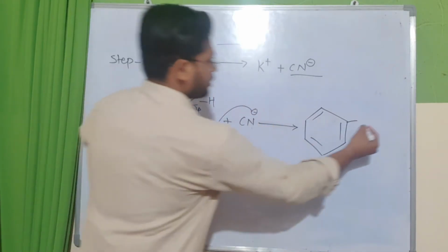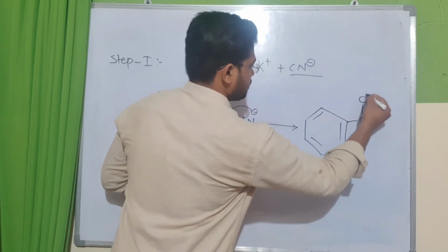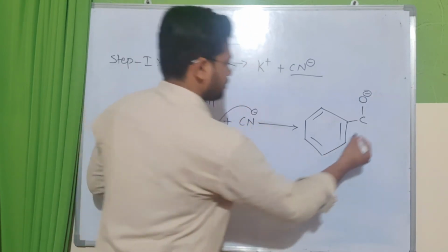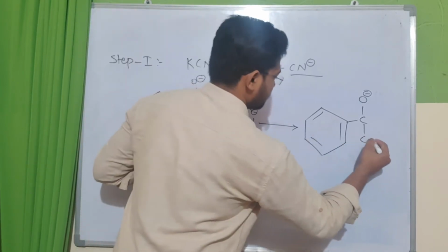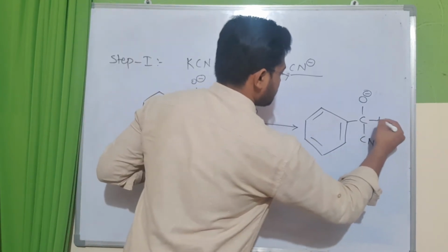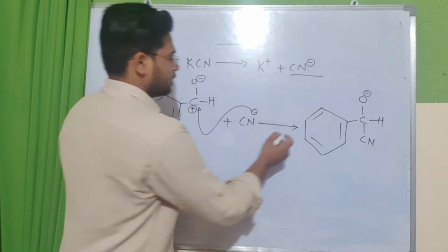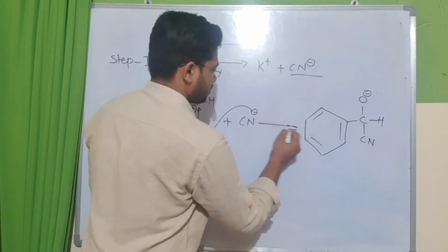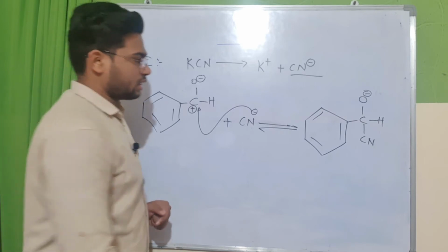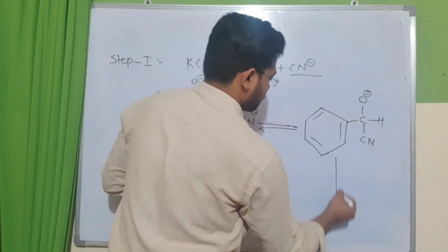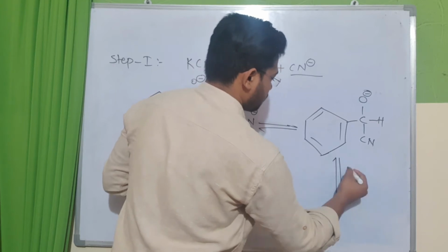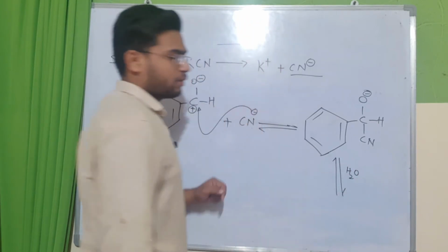Now this carbon has one oxygen having a negative charge, then a bond between this carbon and this cyanide, that is CN, and this hydrogen. Now this reaction is a reversible reaction. This negative charge which is present here will attract our solvent, water or ethanol.